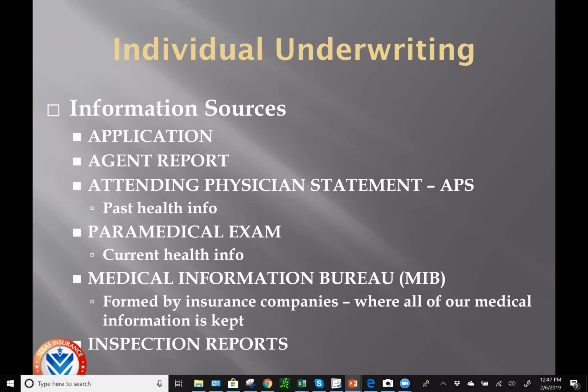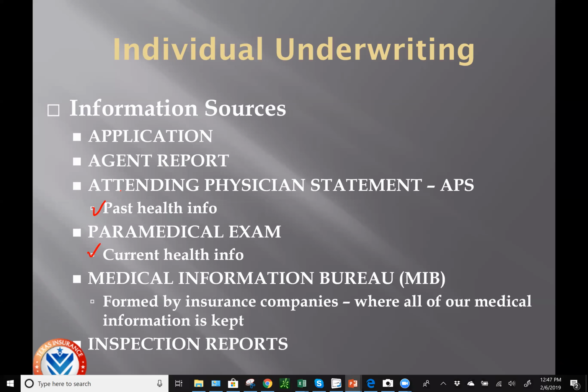The results of a paramedical exam will give the insurance company your current health status. They may order your doctor records. That's called an attending physician statement, or an APS. If they order your doctor records, that's going to give them your past health information. So make sure you know that paramedical exam is current health, where attending physician statement is past health.